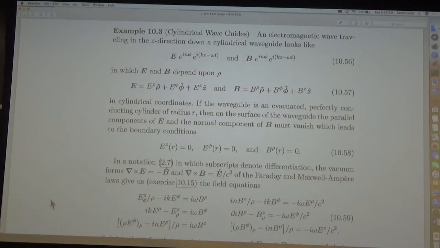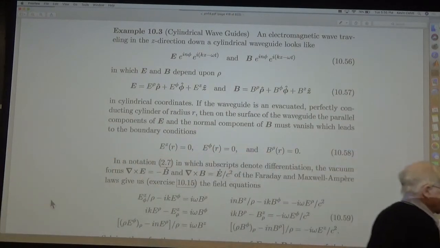then you can see that those 6 equations, if E and B are given by that, and if the phi and T and Z dependence goes like this, then what we have is these equations.